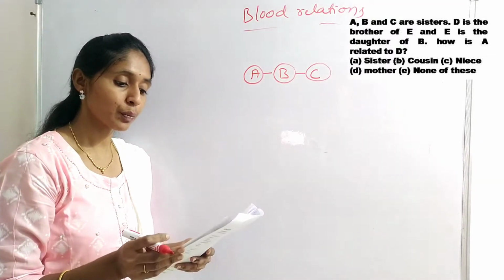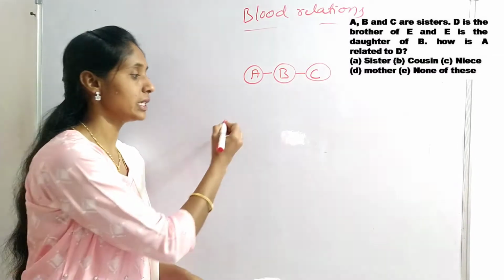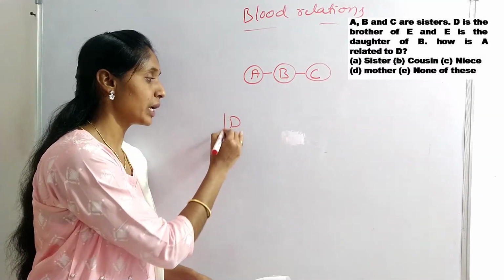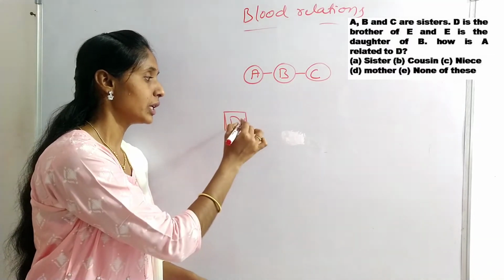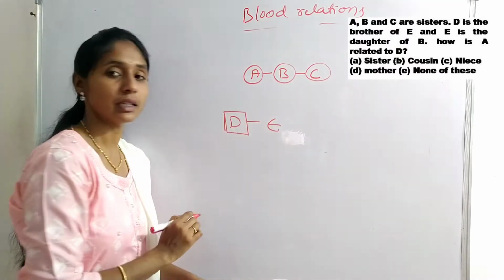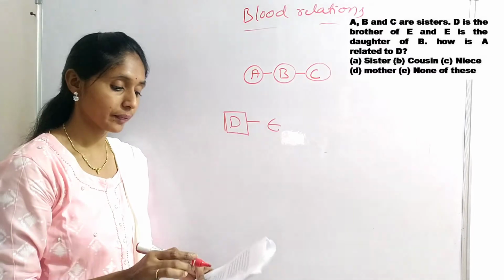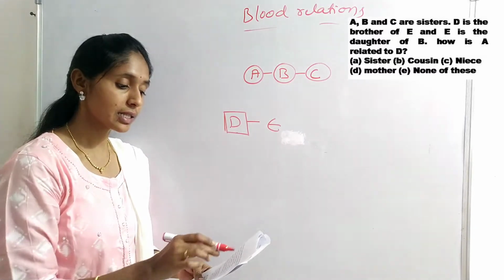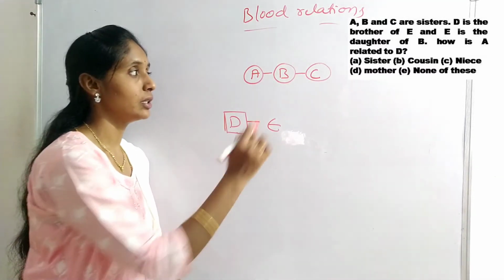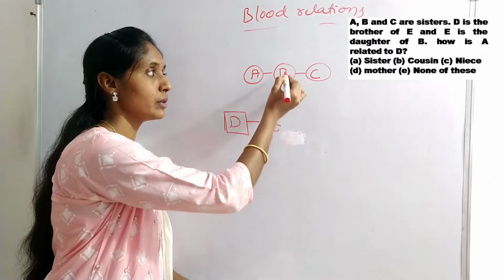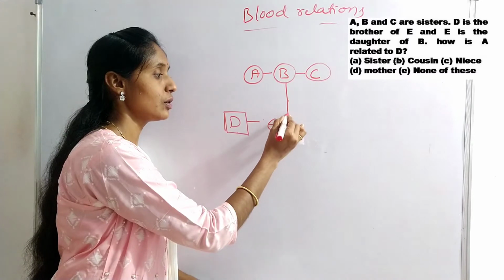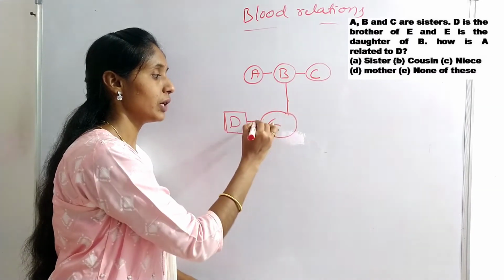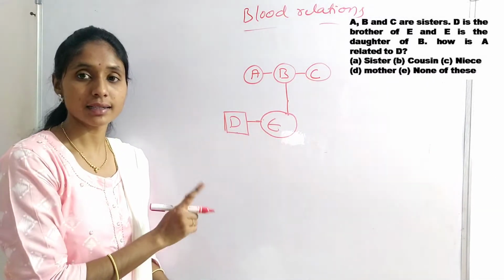D is the brother of E. D is a brother, so a square box, brother of E. We don't know the gender of E. And E is the daughter of B, a generation gap. So we confirm E's gender as female.